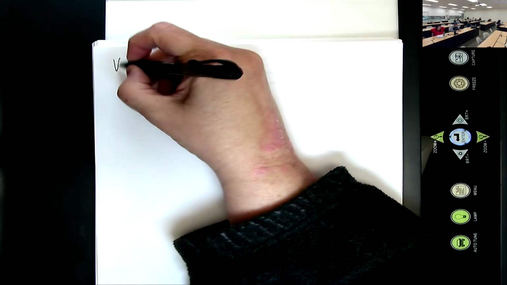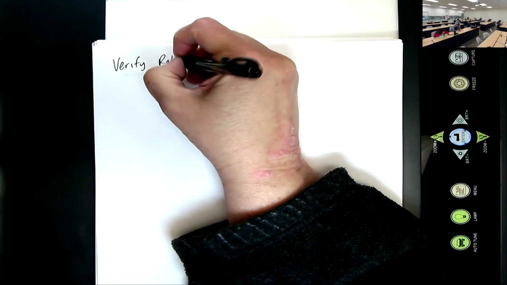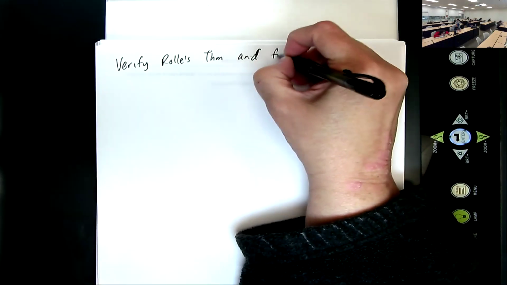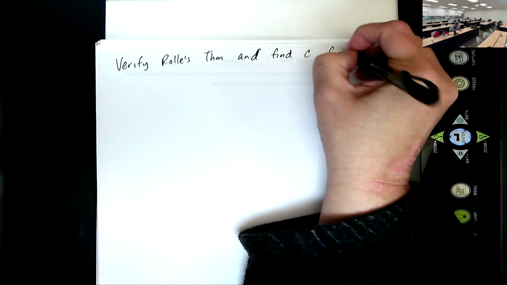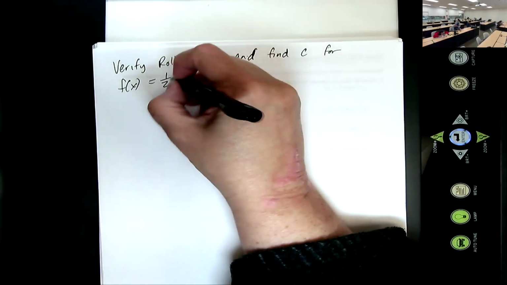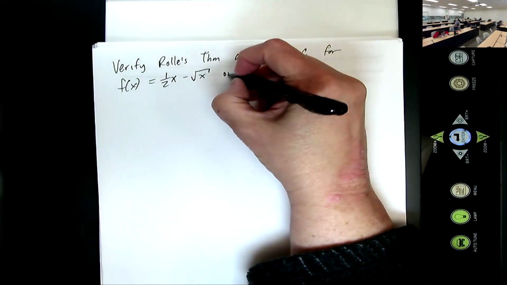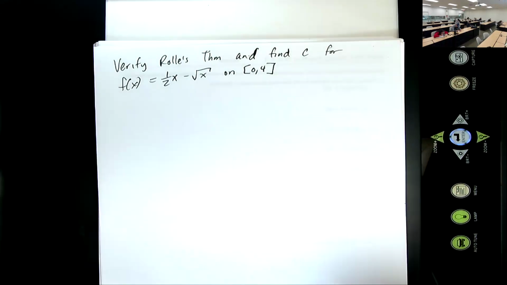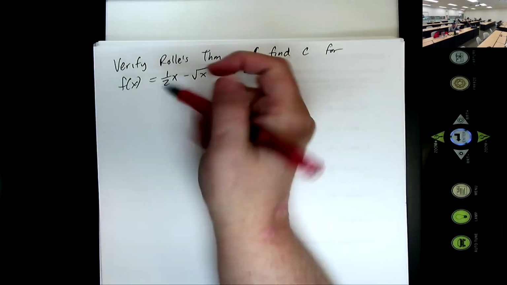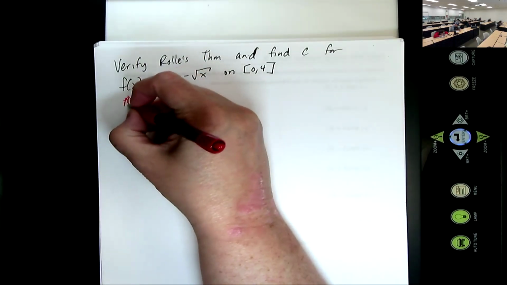Let's verify Rolle's theorem and find c, where f of x equals 1/2 x minus the square root of x, on 0 to 4. So, part A: we have to show it's continuous.